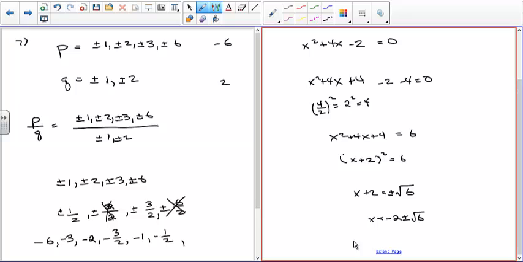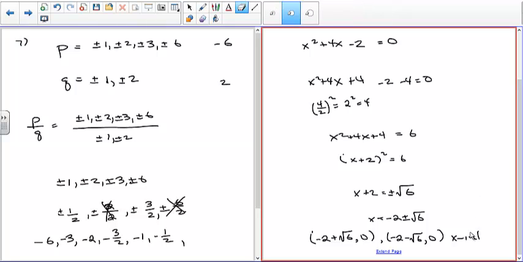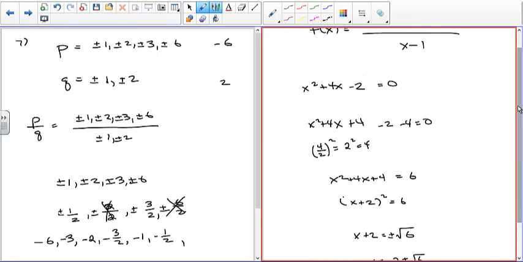So my zeros, I've got two zeros, and it's going to be negative 2 plus the square root of 6, comma 0, and negative 2 minus the square root of 6, comma 0. So those are my x-intercepts. So that's by setting the numerator equal to 0.